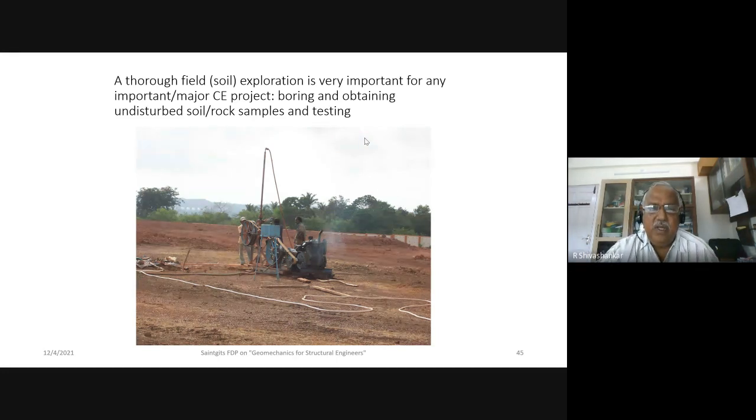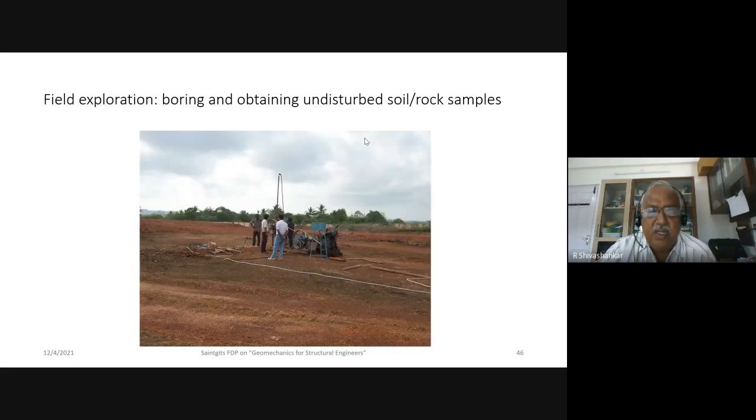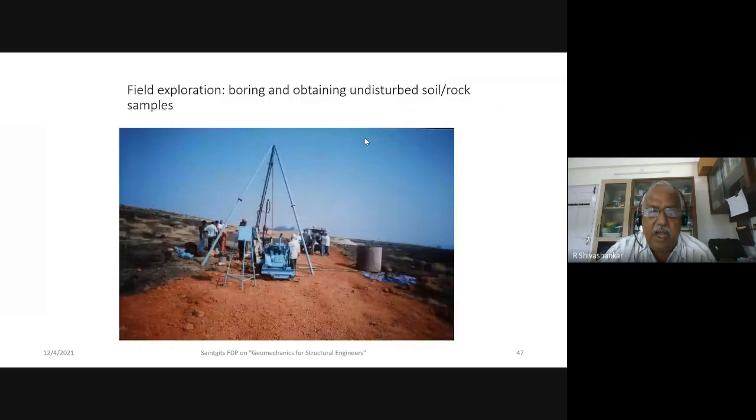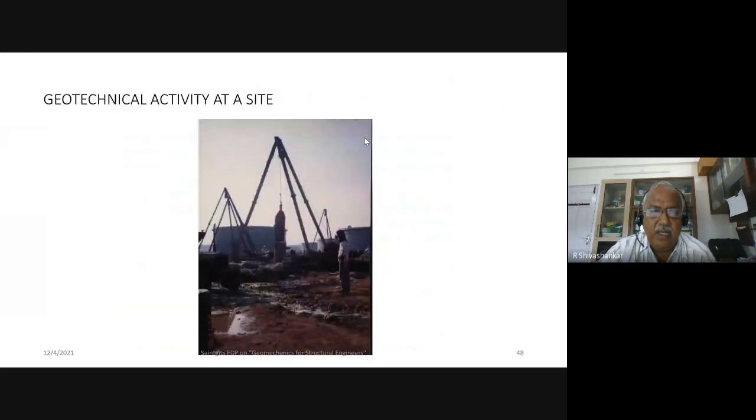So a thorough geotechnical investigation is very important. You also have to do a reconnaissance and observe neighboring buildings if there are any, and inquire on what type of foundation they are supported. Because economy and good performance are vital.